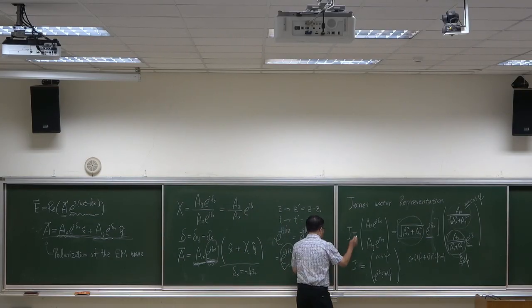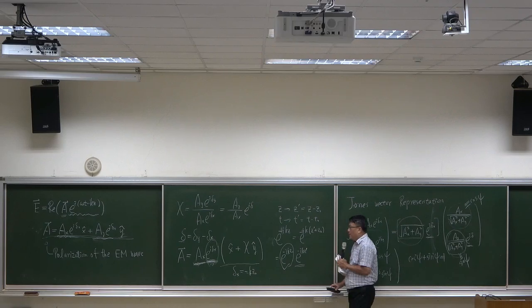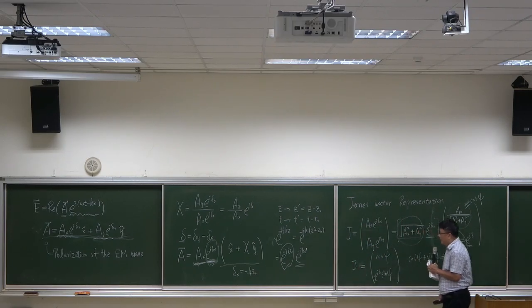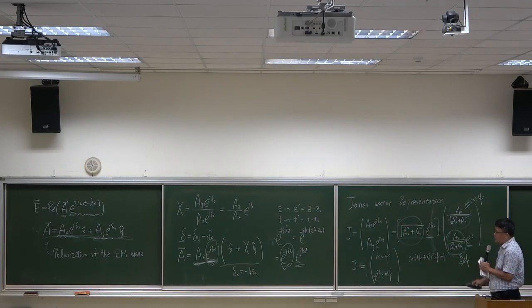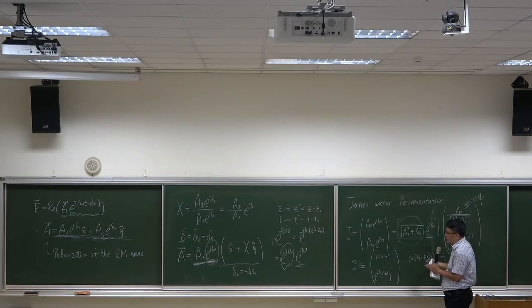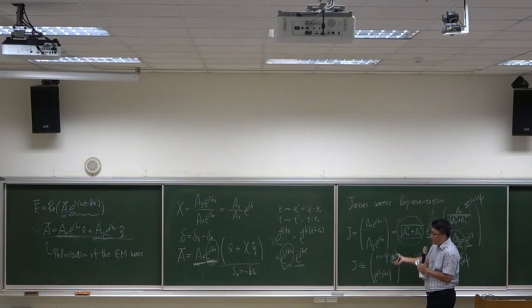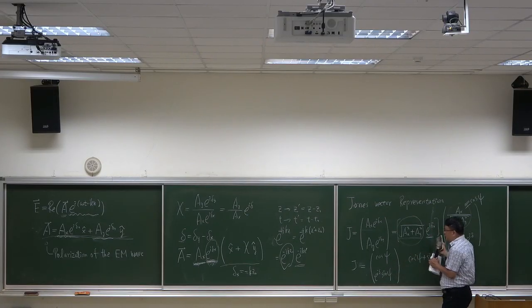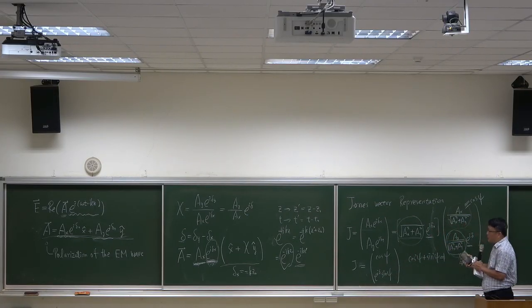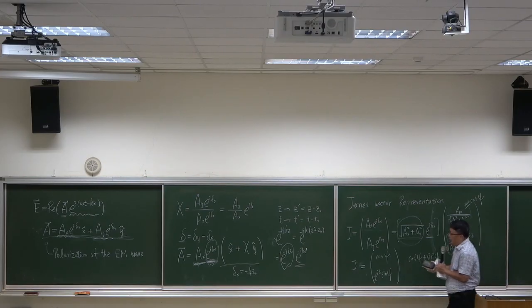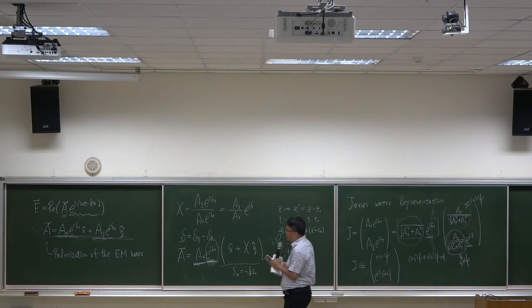We can define the scalar product of two Jones vectors, or scalar product of two polarization states. Before doing that, I must emphasize that for complex vectors, the definition of scalar product is a little bit different from the real vector scalar product.